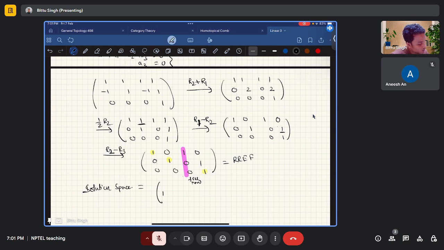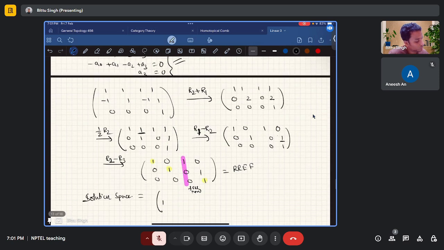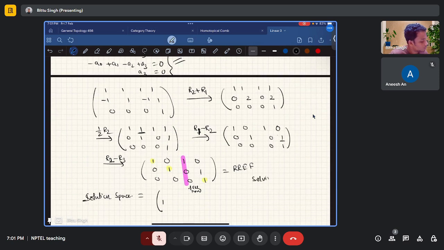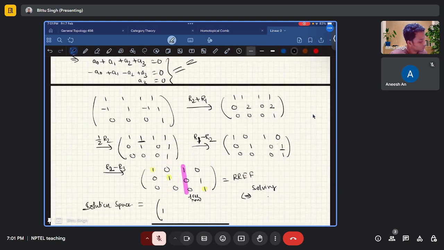Now if we choose 1, then what are the other values? Let me write the equivalent equations. Solving this is equivalent to solving a0 plus a2 equal to 0, a1 equal to 0, and a3 equal to 0.